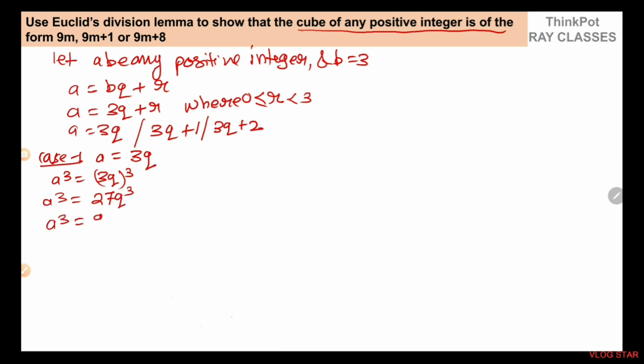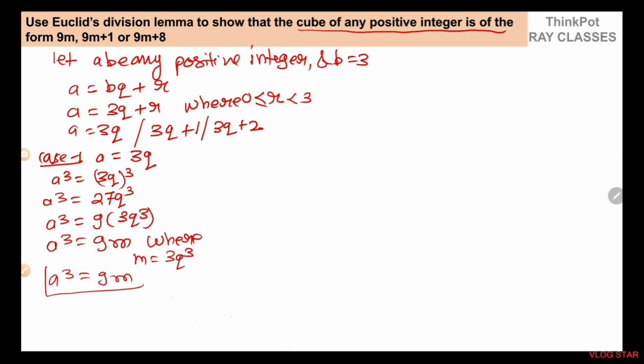Taking 9 as common, you will get 9 times 3q cube. So a cube is equal to 9m, where m is equal to 3q cube. Take it as point number 1. That's case number 1, where I have taken r is equal to 0.